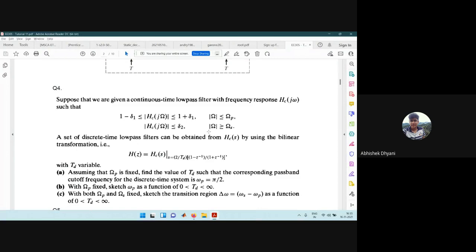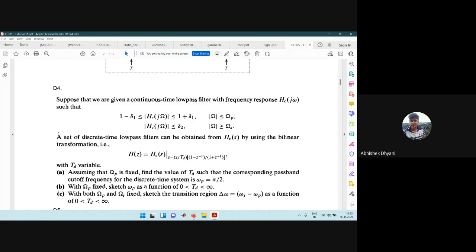Similarly, this is the stop band, where it says that the magnitude of the frequency response is less than or equal to delta 2 for frequency omega, which is less than omega s, right?